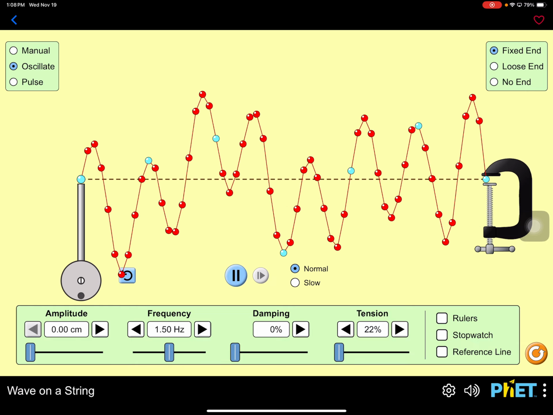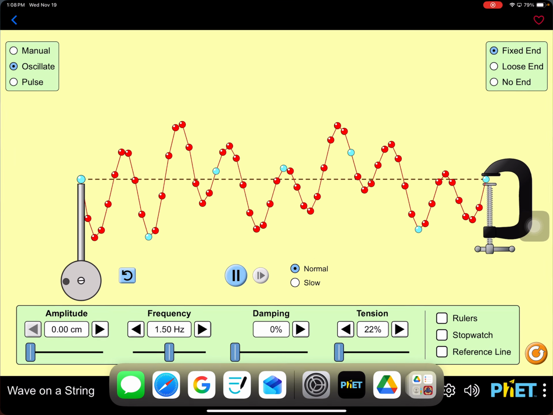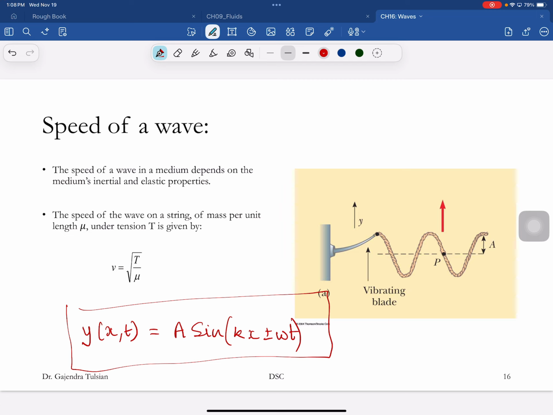The more tension there is in the string, the faster the wave will travel. The speed of a wave on a string depends on the tension and the mass per unit length. Mu is the mass per unit length of the string.